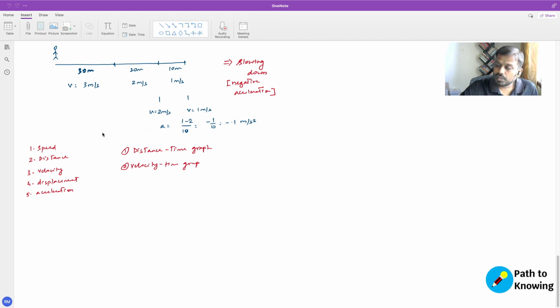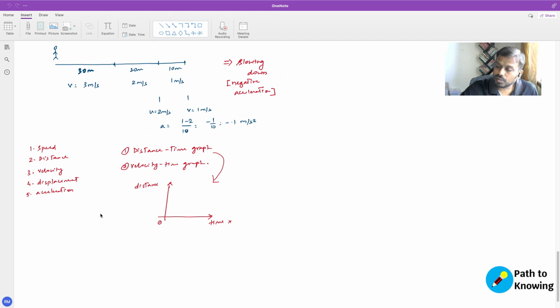So when you say distance time graph, we'll start with this. A distance time graph looks like this, where you have your distance on the y-axis, and then you have your time on the x-axis. Right. So this is your distance time graph.